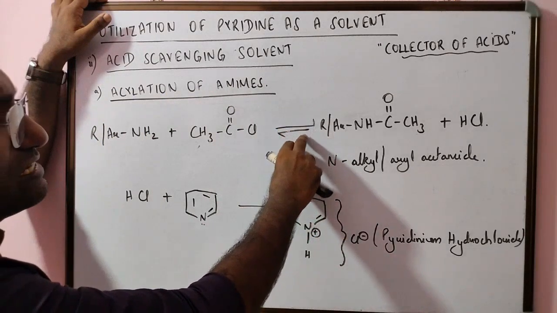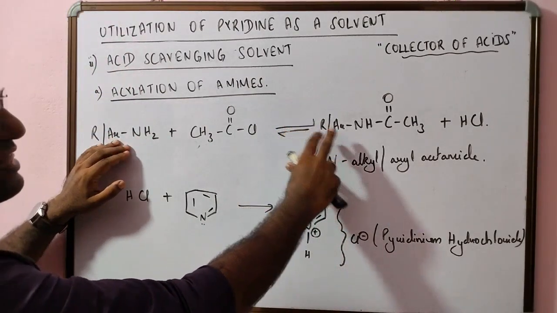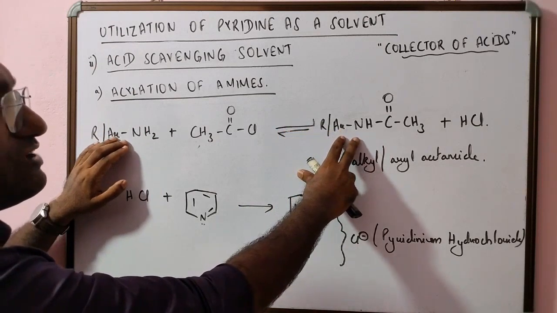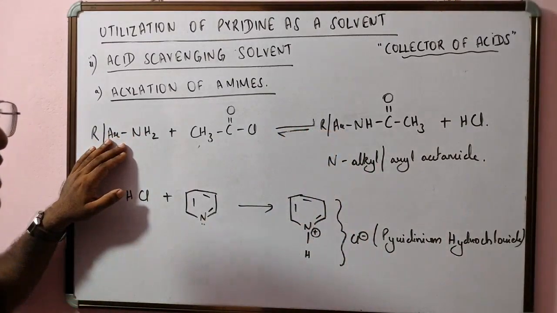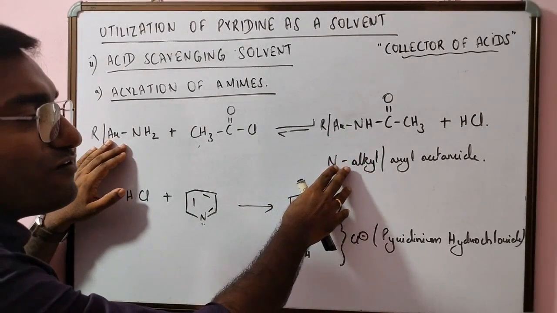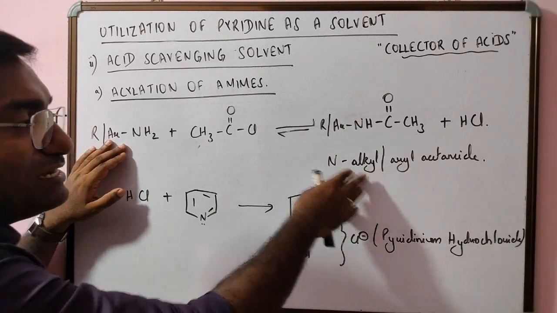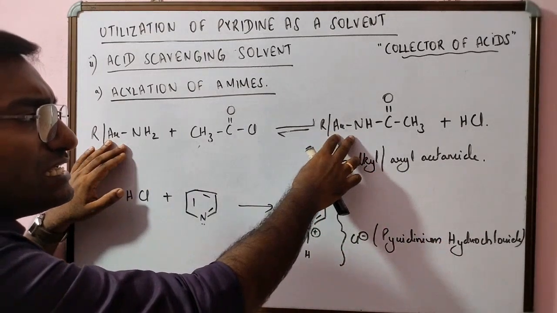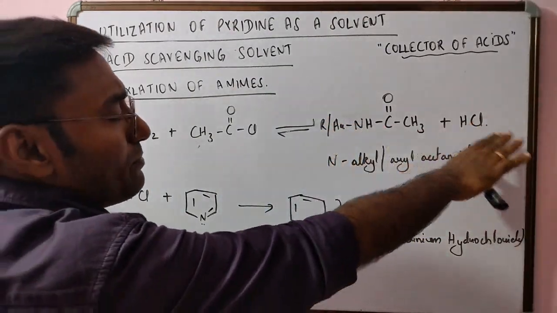A reversible reaction means that the concentration of the reactants and the concentration of product has reached a steady constant level at which they are at equilibrium with each other. For us, it only means that we get a low yield of our product, which is an alkyl or aryl acetamide depending upon the reactant that we use. To increase the yield of the product, what we need to do is to remove the byproduct.